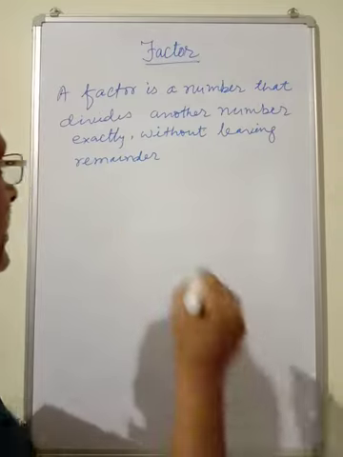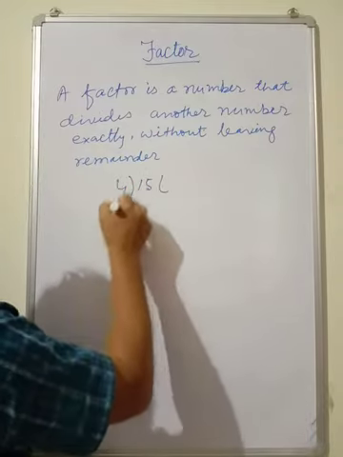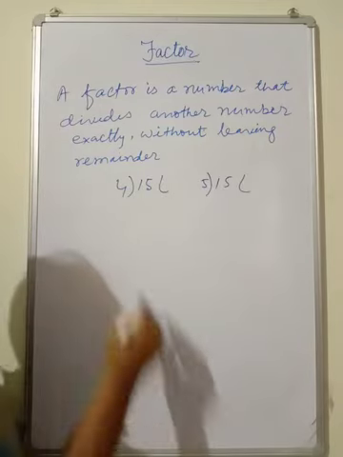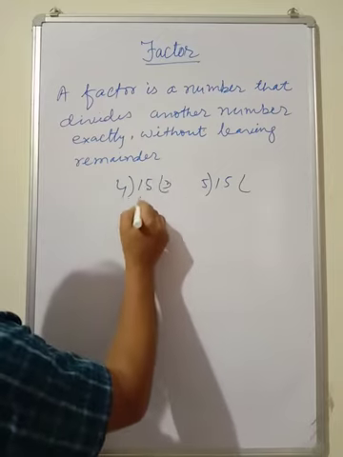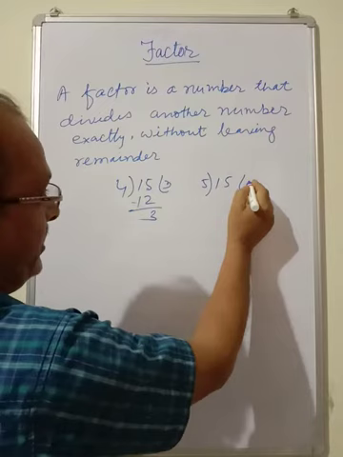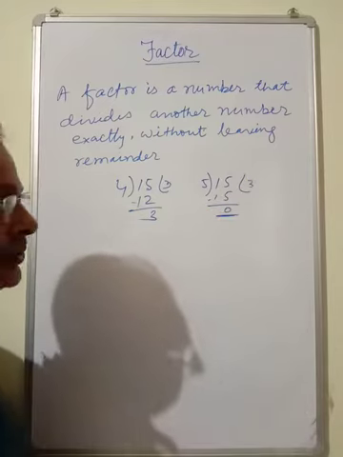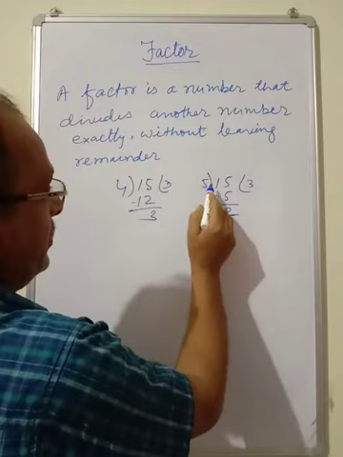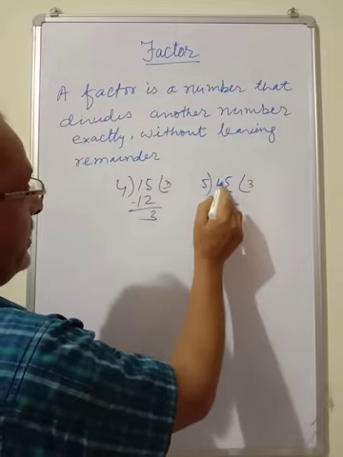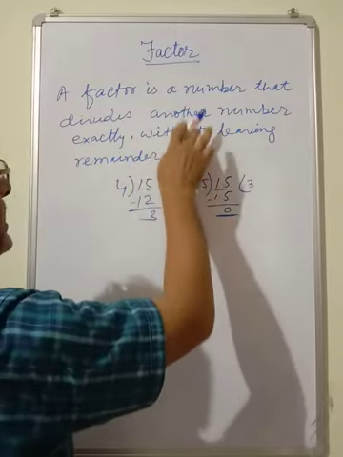Now see, children, you can understand by this. 15 divided by 4 and 15 divided by 5. 4 threes are 12, this is 3 remaining, and 5 threes are 15. Here the remainder is 0. So that's why 5 is a factor of 15, because this division fulfills the definition.